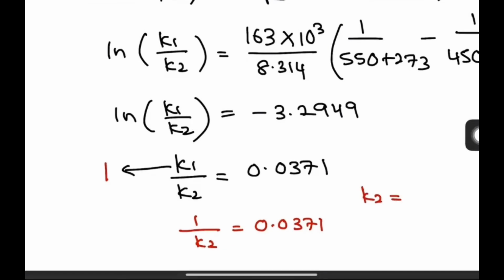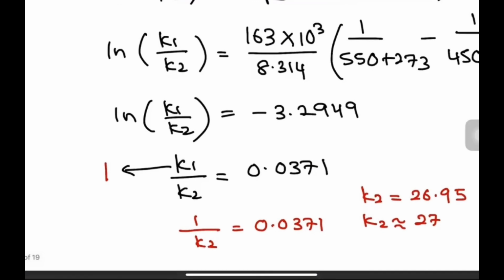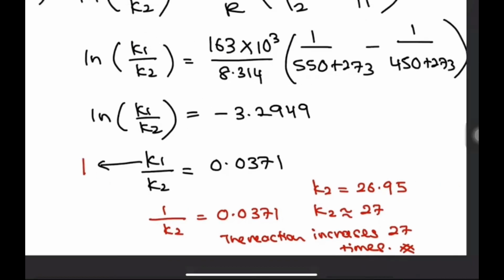It will be 1 divided by 0.0371, which is 26.95, approximately 27. So how many times does the reaction increase? The reaction increases 27 times. Conclude your answer. Is it clear how to do this kind of question?